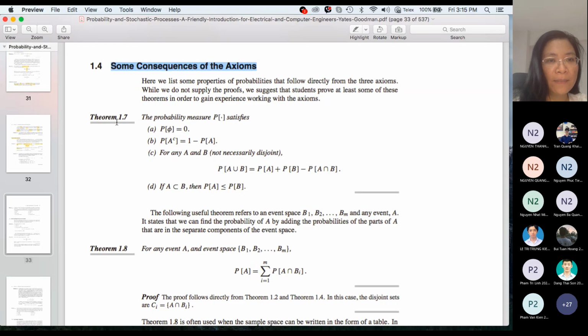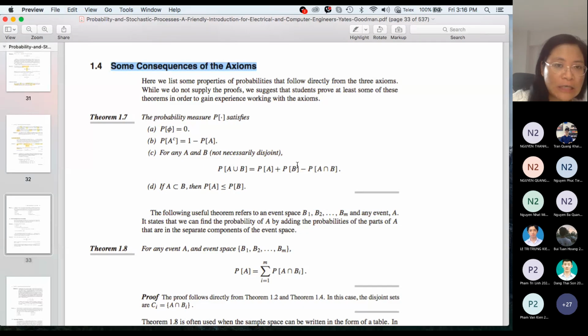It satisfies three axioms. The first axiom is that the probability of A is greater than or equal to 0 and smaller than or equal to 1. Axiom 2 is that the probability of the sample space equals 1. Remember? And the third axiom is more difficult. It's the infinite sequence A1, A2, etc. of mutually exclusive events. So the probability of the union of A1, A2, etc. equals the sum of the probabilities of each event. Okay.